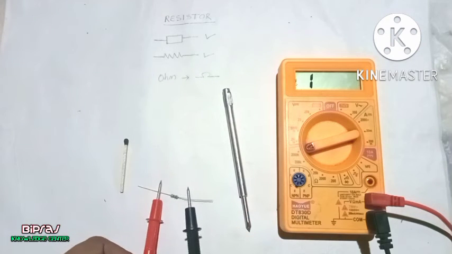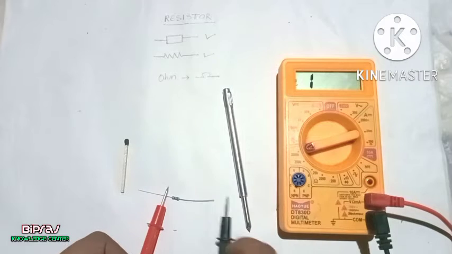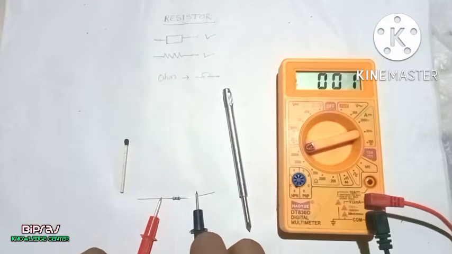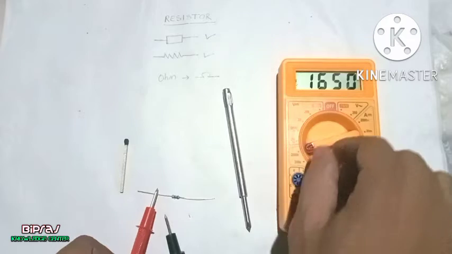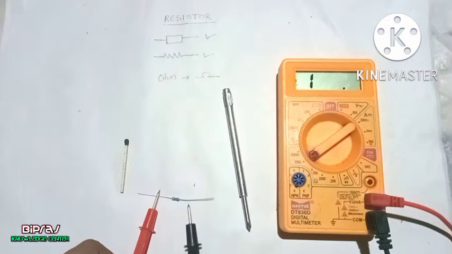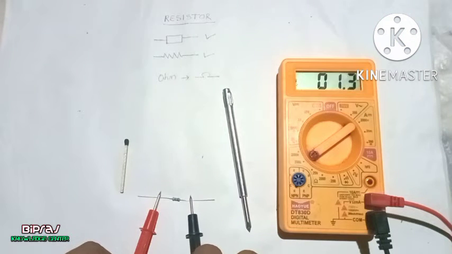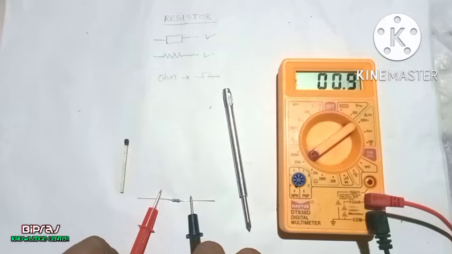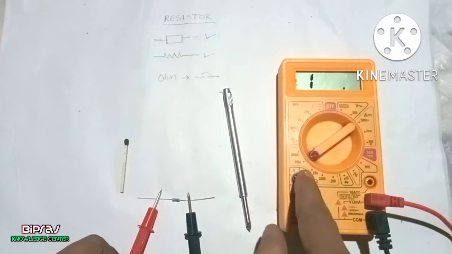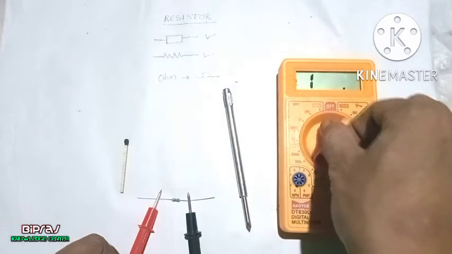So let's check its value. We have to reduce the range because it is still showing a lesser value as per its range, and you can see it is 1.0 at the 200,000 ohm range. I can also reduce it.